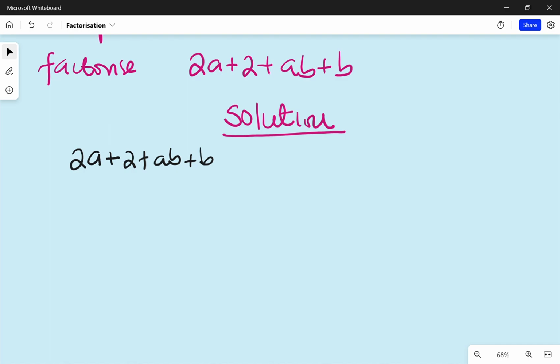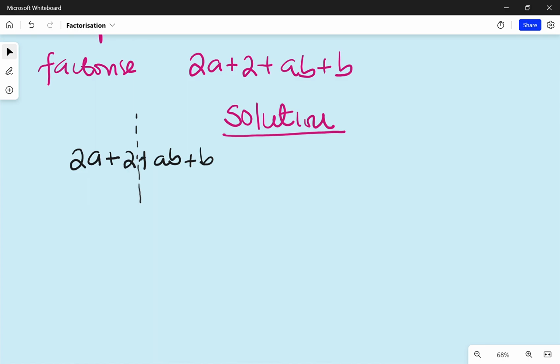My middle part is this one here. You have to consider the sign as well. So my middle part is here, like that.